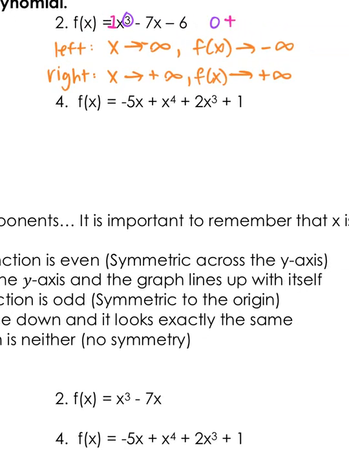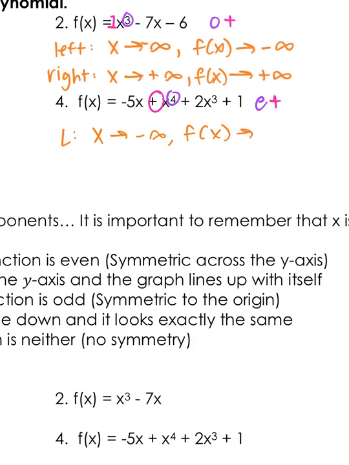And the last one, we're looking for the highest exponent, in this case 4, so that is even. And then the leading coefficient goes in front of it. It is positive. So the left, as x goes to negative infinity, f of x goes.